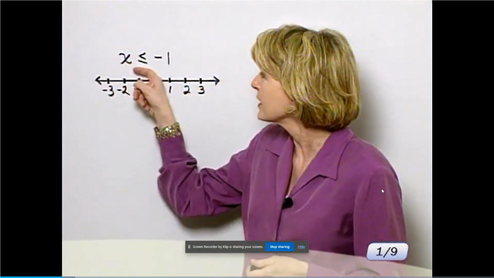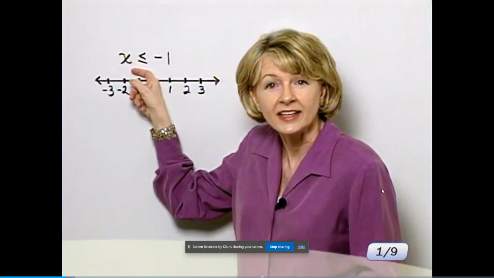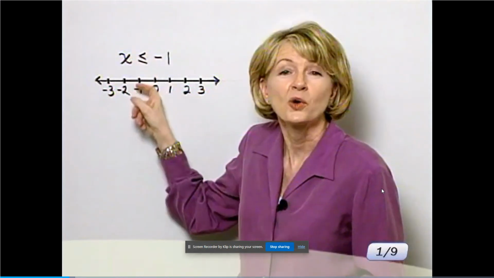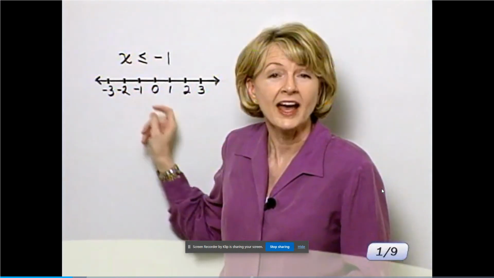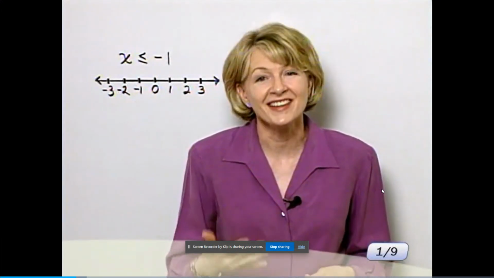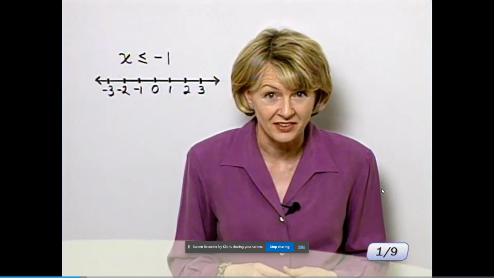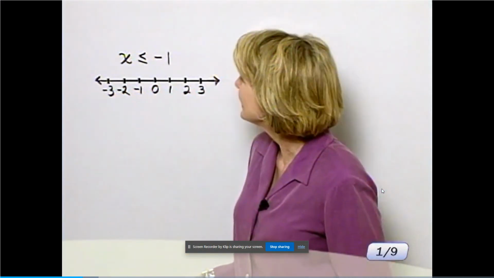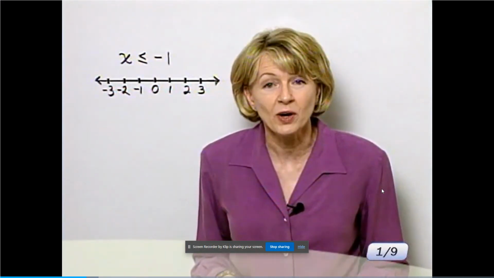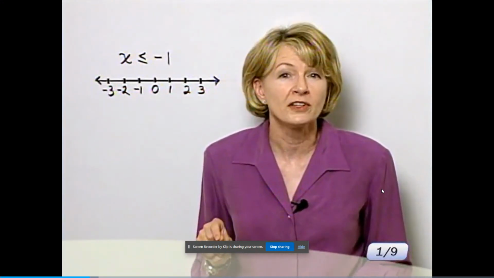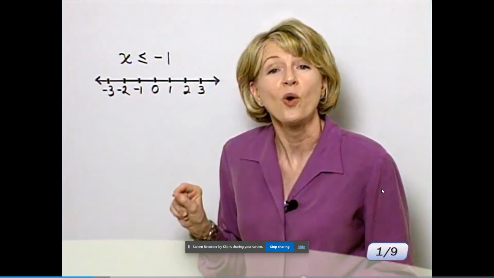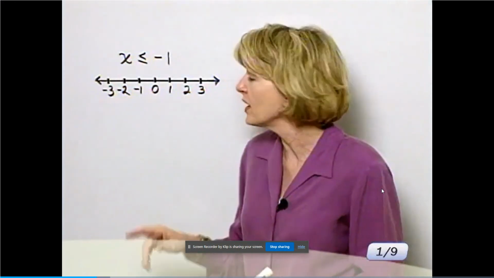I'd first like to look at an inequality such as this one, graph it on a number line, and talk about what we mean by interval notation. So to graph x less than or equal to -1, I want to graph all numbers less than or equal to -1.